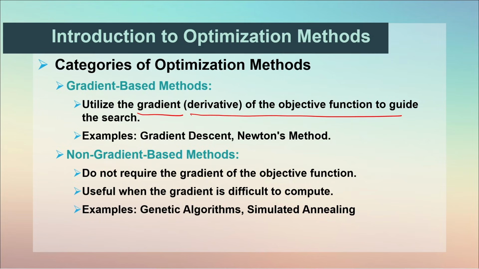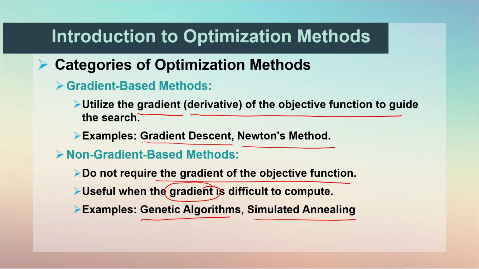What is the non-gradient based method? A non-gradient based method essentially does not require any gradient of the objective function, and it is useful when the gradient is difficult to compute. When the gradient is very difficult to compute, then you can go for non-gradient based methods. Under gradient based methods you have gradient descent and Newton's method. Under non-gradient methods you have genetic algorithm and simulated annealing.